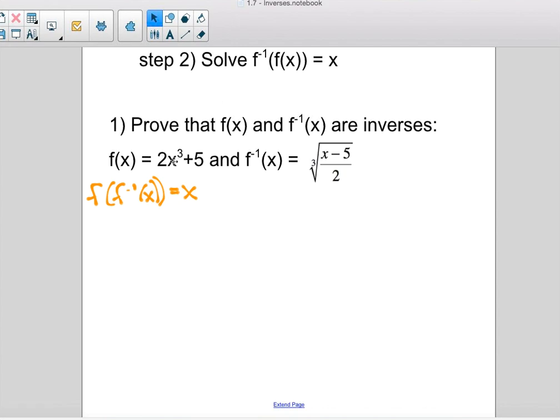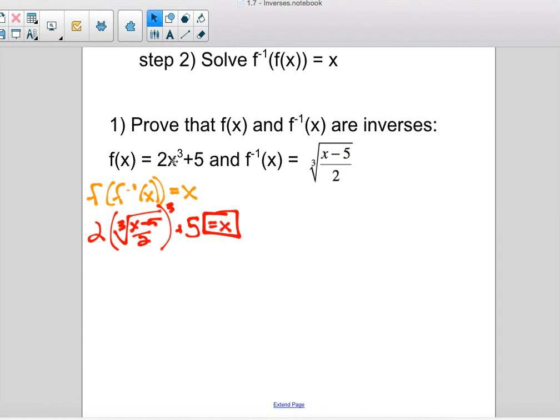And it looks very complicated, but they usually end up being very simple. So instead of 2x to the third plus 5, it's going to be 2. And instead of x, I have third root x minus 5 over 2 to the third, and then plus 5. And I want to make sure that this equals x, right? And you don't have to do anything with this side, just simplify and make sure it equals x.